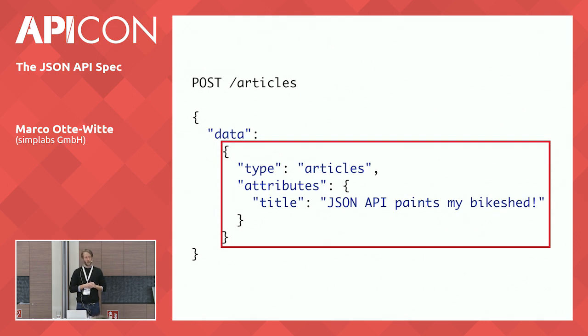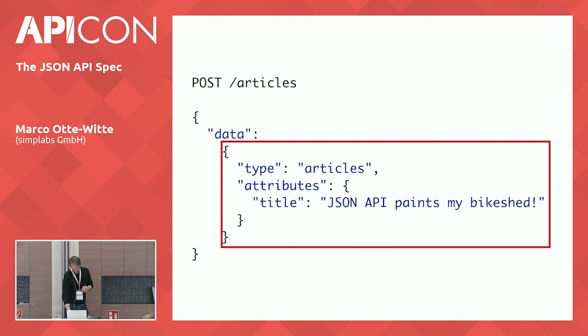So you could use that to create the article and the author in one request, which would allow transactional behavior, which right now is a bit hard with REST-based APIs.